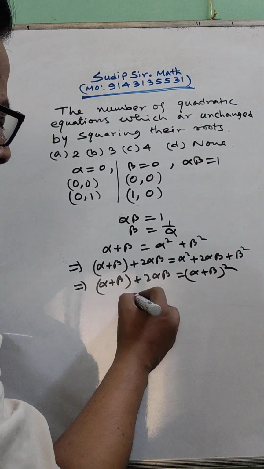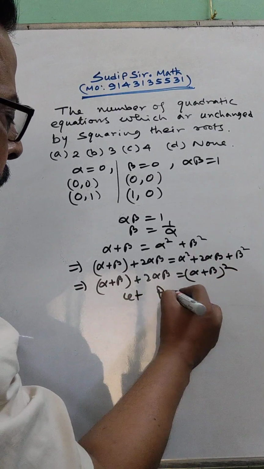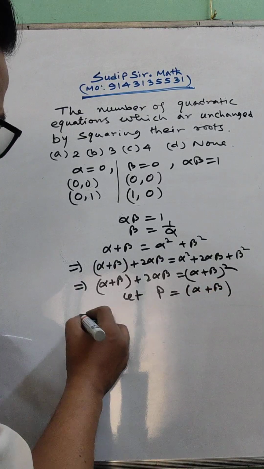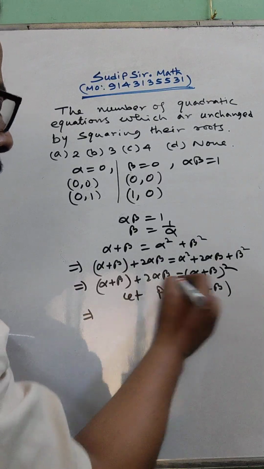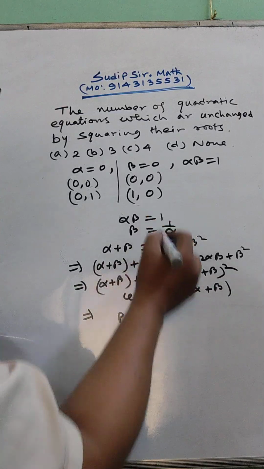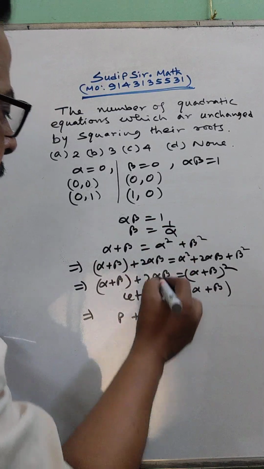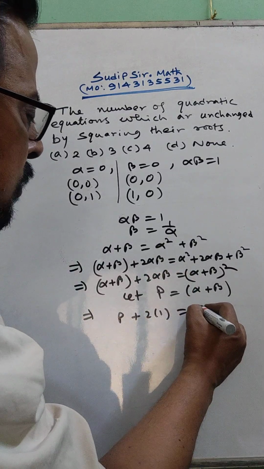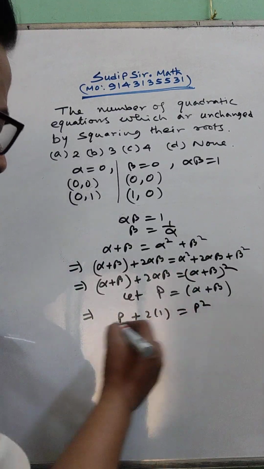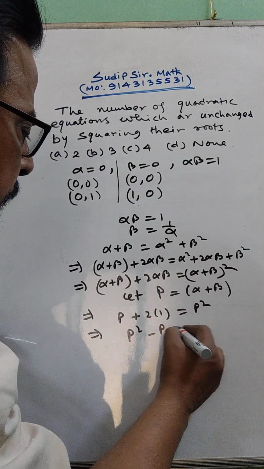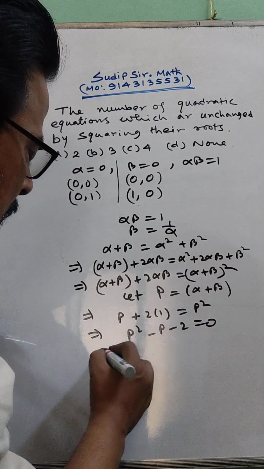Okay, let P equal to alpha plus beta. So this equation will be P plus 2 into 1, since alpha beta is 1, equal to P square. Taking to the same side, P square minus P minus 2 equal to 0.